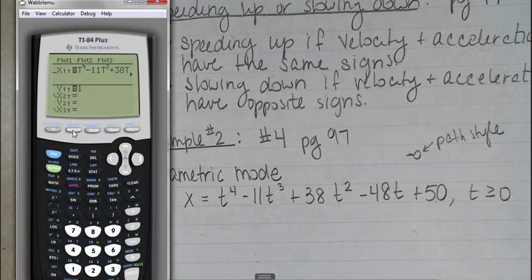Okay, so let's make sure that our window looks good. So my t min will be 0. That's good. My max, we could probably make this go a little bit. It says time. It doesn't give a specific amount of time. So how about we go 10?